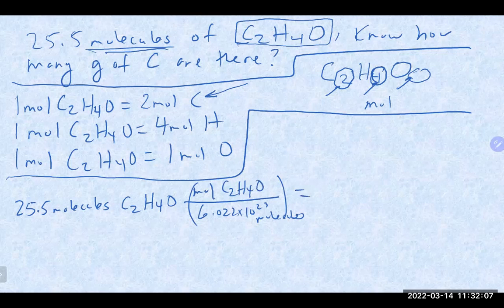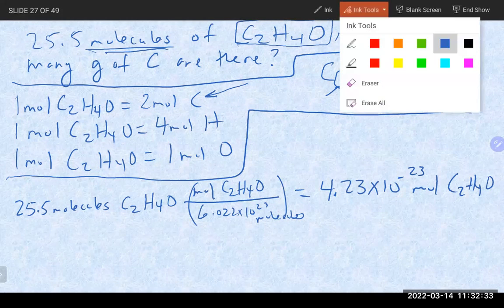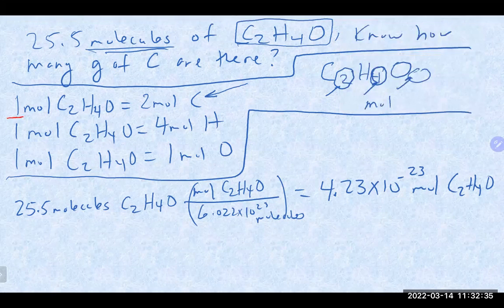And that would get us, in this particular case, 4.23 times 10 to the minus 23 moles of the entire thing. So this conversion, very much like what we did before, is going to allow us, as I mentioned, to now use our conversion that we got from the formula to go from moles of the entire thing to just moles of carbon, which is what we're interested in here.